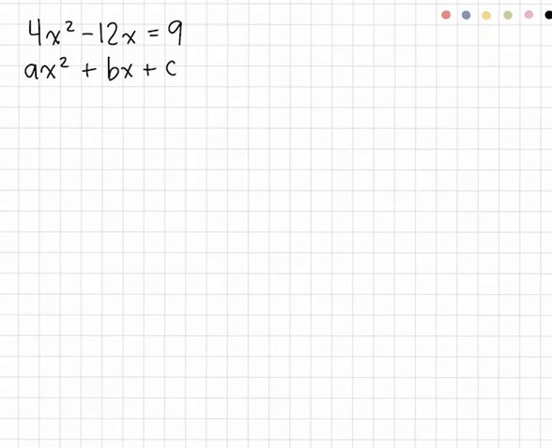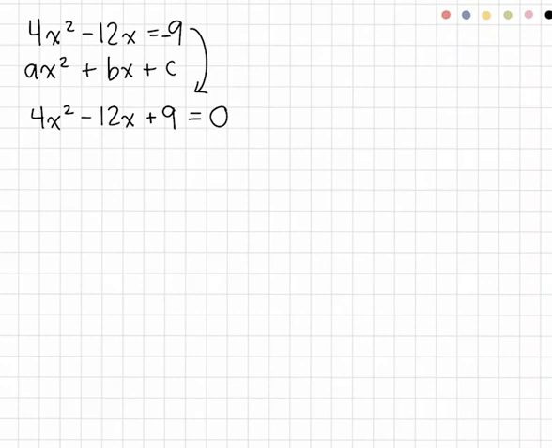So let's rewrite this, and we'll do it down here. So what it's going to look like is 4x squared minus 12x, those stay the same. Sorry, this should say minus 9. And then it becomes plus 9, and we're going to set it equal to 0, right? Because we want to find the x-intercepts.